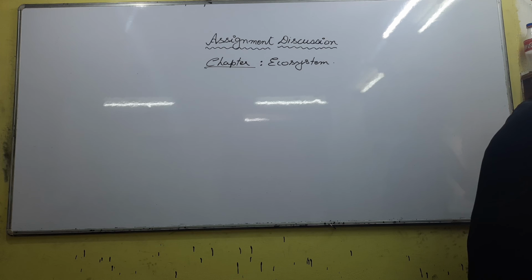For those students who have the book, the answer would be B, question number 23. Question number 24: phosphorus cycle chart, we have already done this. Question 24 is C, 23 is B.